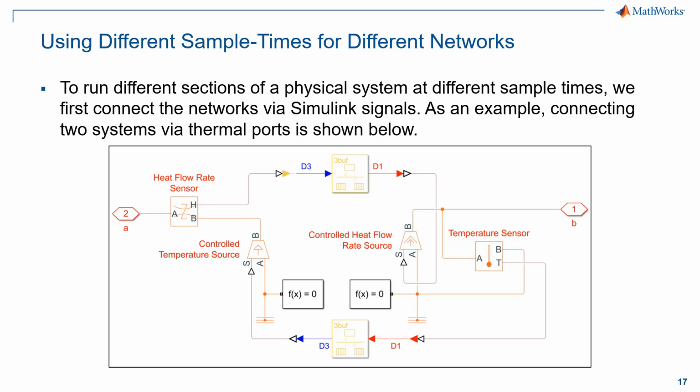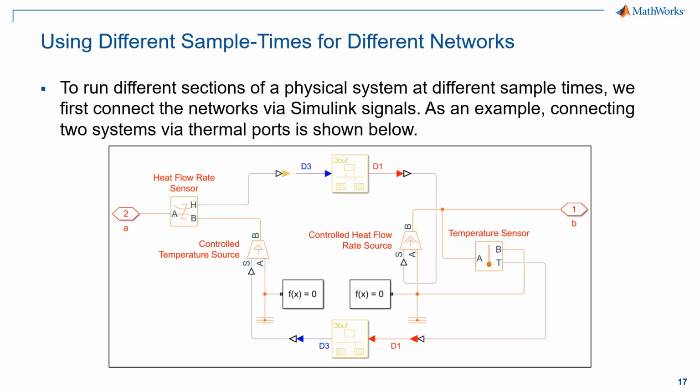For example, if we have an electrothermal system with one sample time, we must set that sample time to accurately capture the fastest dynamics, which would relate to the electrical system in this case. Thermal time constants are typically much slower than electrical time constants, and so we would be oversampling the thermal portions of the model, leading to slower simulation speeds.